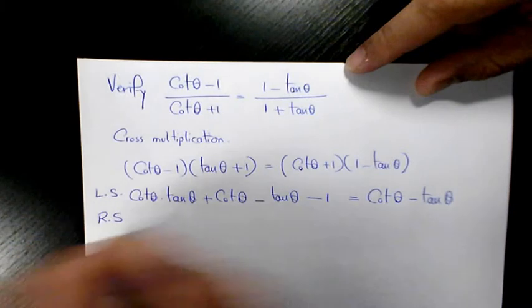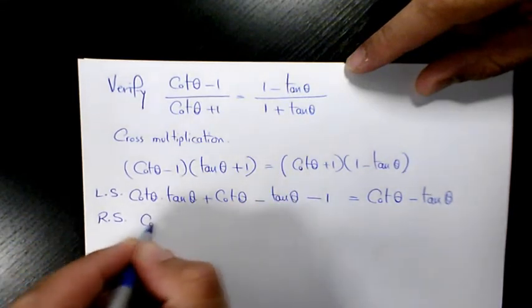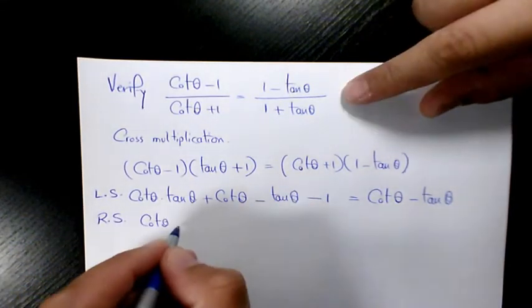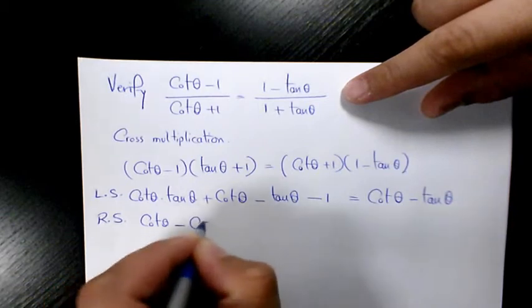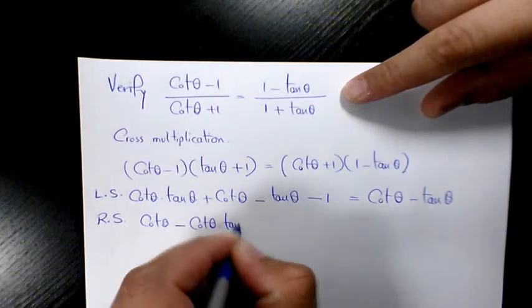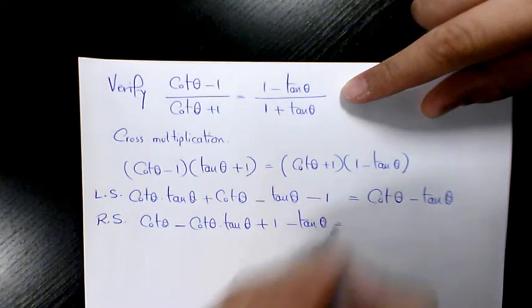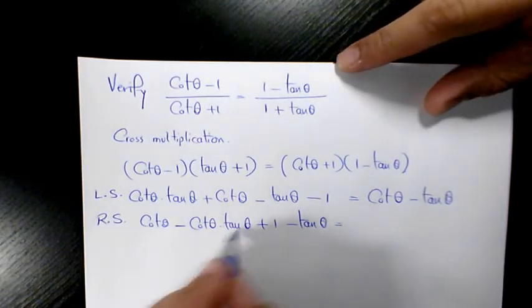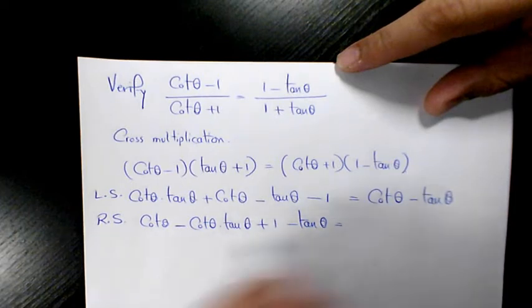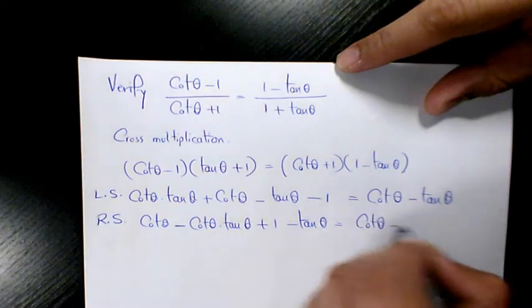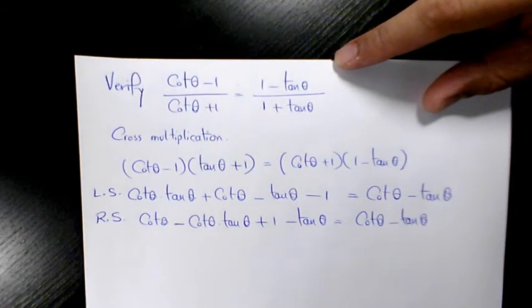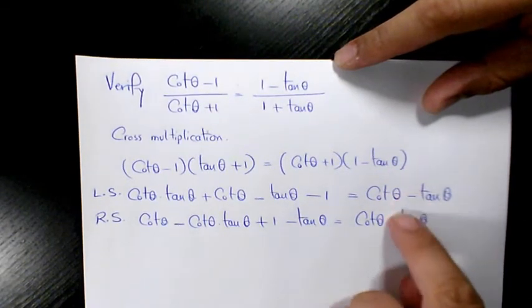Right side is going to be cotan theta times 1 minus cotan theta times tan theta plus 1 minus tan theta. It's going to be this one, negative 1 and 1 cancel out. It's going to be cotan theta minus tan theta. So these two are the same. So the left hand side and right hand side are the same.